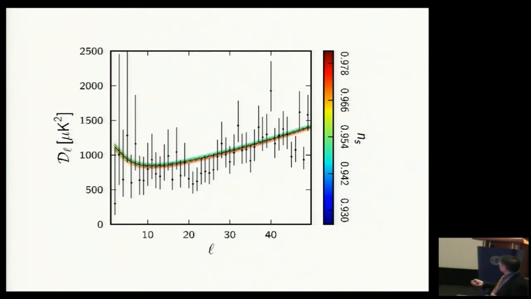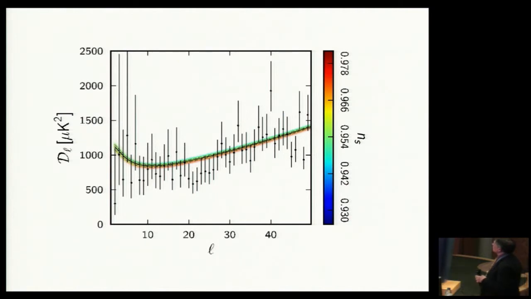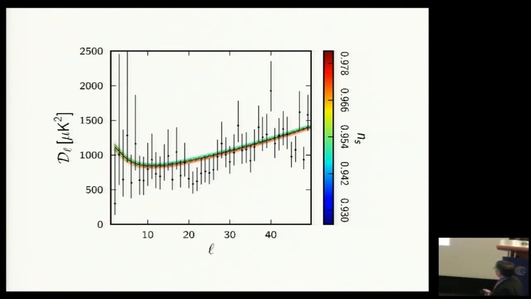And this is not a good fit to the power spectrum at low multipoles. So as the WMAP team noted, there's a funny shape to the spectrum. They tried fitting this with feature models in the inflationary potential. But it's not a particularly good fit.